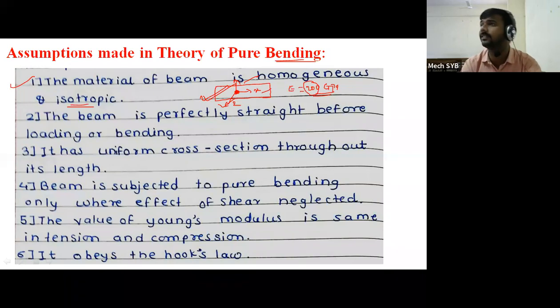Then what is homogeneous? It is correlated with the isotropic property. See, this is one point I have considered. Like this point, this particular beam consists of a number of points. Getting? This beam consists of a number of points because this beam is prepared by adding a number of particles.